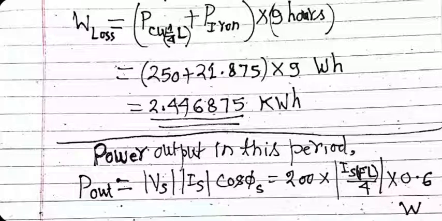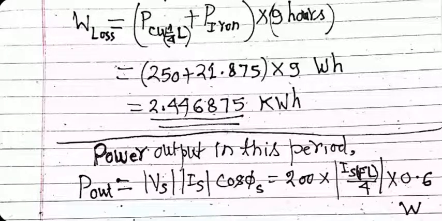Because that info is not given, so we would go by the ideal case. Okay, so 200 volt is the value of secondary voltage. Secondary current is full load value divided by 4 and power factor is 0.6. So we do the calculation.